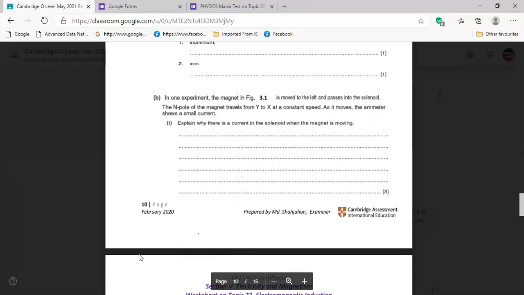Yes, sir. So you always think that way. So I just need to mention magnetic field lines. Okay, sir. So have you written? Yes, sir, I'm still writing. Been cut by the solenoid. Yes, sir, done.